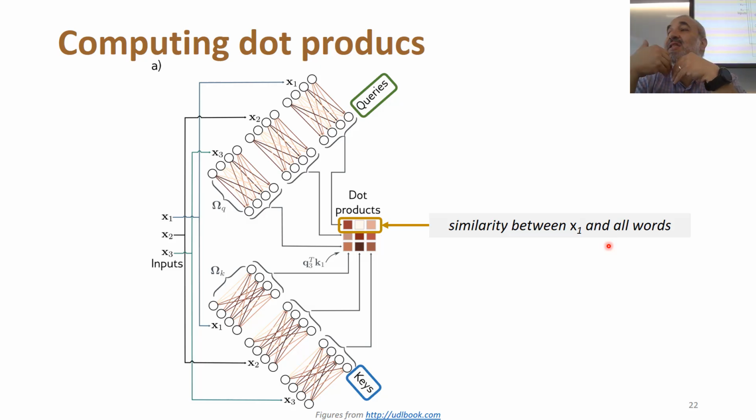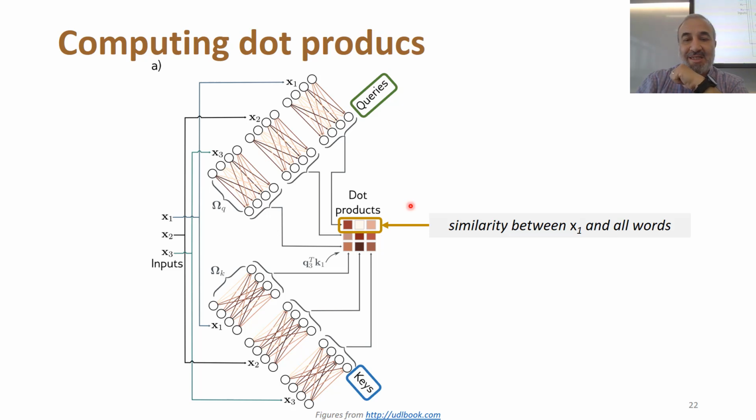Now, when we talked about attention, what is the goal of computing the attention between two words or between one word and all the words? The relationship, to see how this word is related to the other word. One way of doing that is to compute the similarity between these words, represented by their vectors.